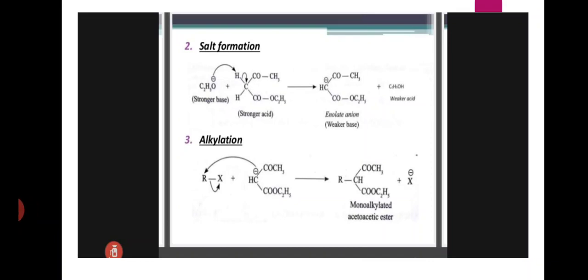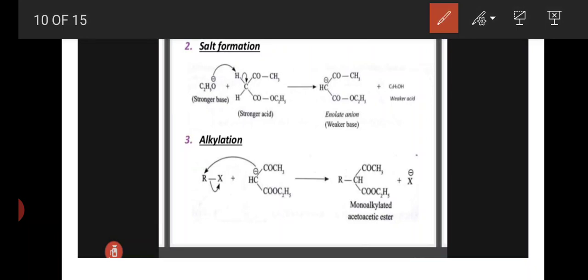Next is salt formation, in the presence of a strong base, C2H5O minus, ethoxide. Here this is ethyl acetoacetate. Ethyl acetoacetate reacts with base. For example, here we are taking C2H5O minus, the ethoxide ion. It is a strong base, and ethyl acetoacetate is a strong acid.